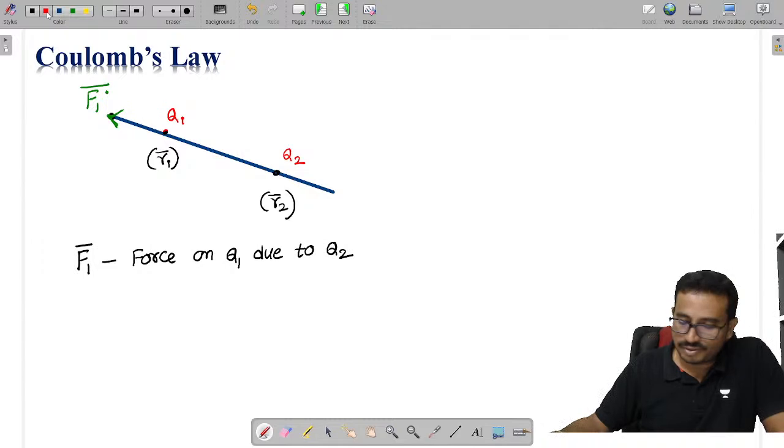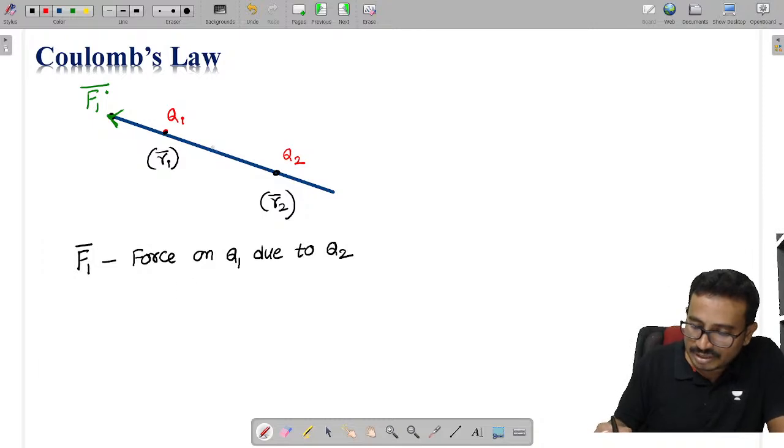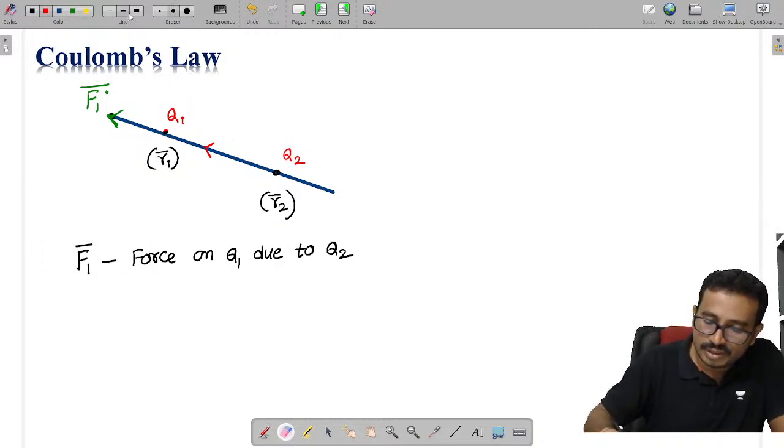F1 is a force acting on Q1 due to Q2. Let us take the distance between these charges, and I am taking the notation as capital R1.